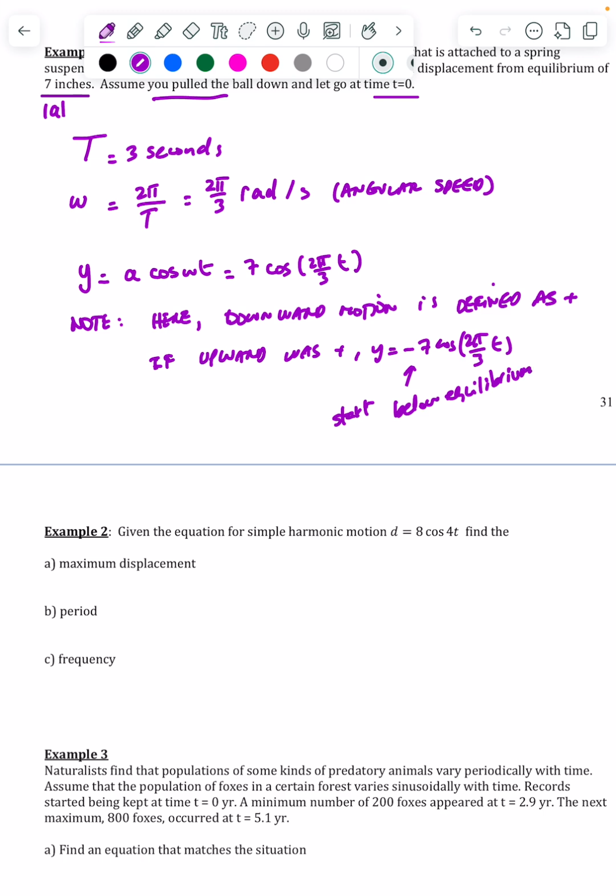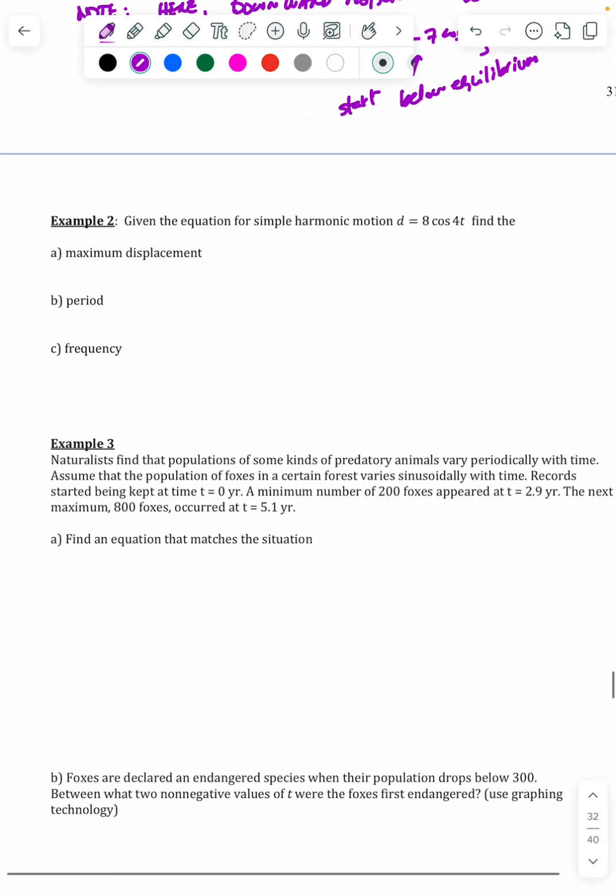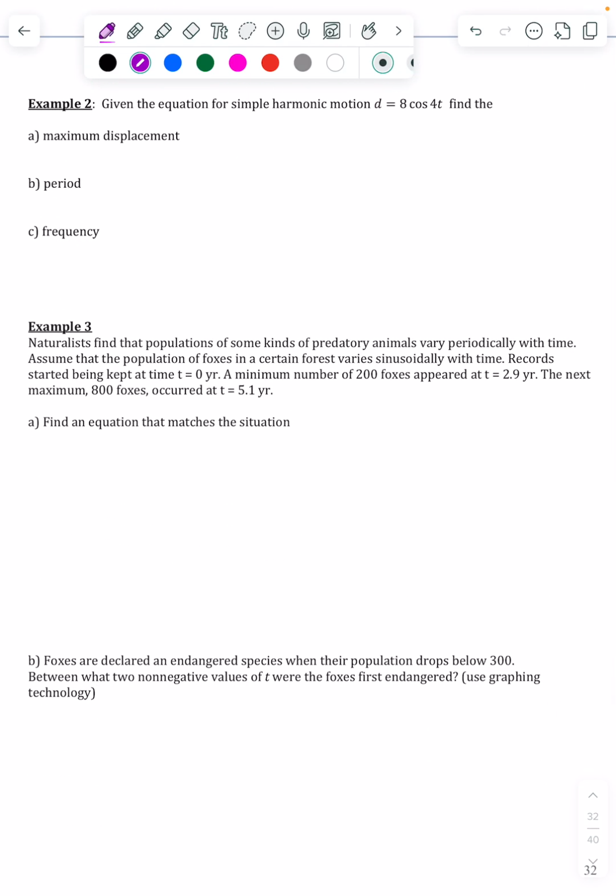Now let's move on to example 2, which says, given the equation for simple harmonic motion, d equals 8 cosine of 4t, find the maximum displacement. That's the absolute value of a, which is 8. Find the period. That's 2 pi over omega, which is 2 pi over 4, remember, this is omega t, the 4t, and that's pi over 2.